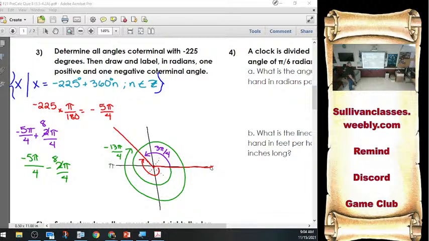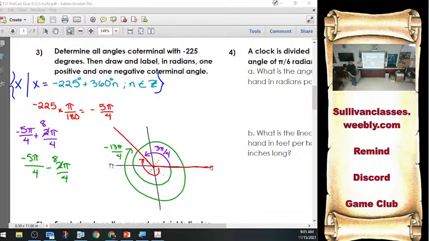The other one, JS. No, J was next. Still valid. Since it's saying in radians, you have to do it plus 2 pi instead of plus 360 degrees. Yes, so you always start here.